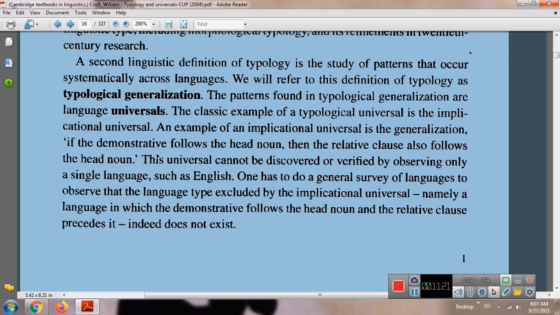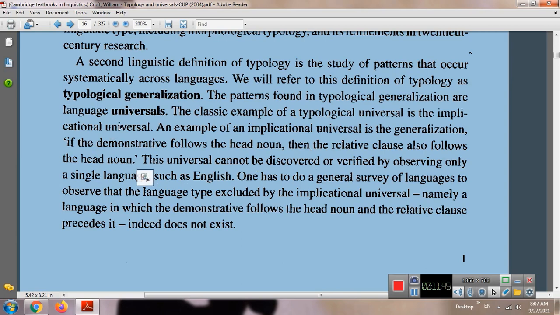It is one of the implicational universals. If the demonstrative follows the head noun, then the relative clause also follows the head noun. It means that if you find a language in which the demonstrative follows the head noun, certainly in that language the relative clause follows the head noun.